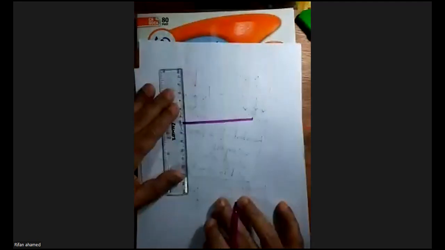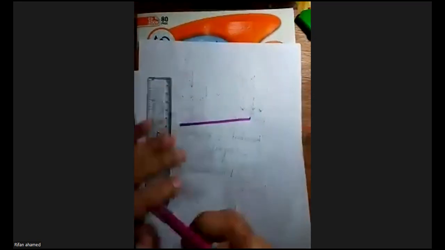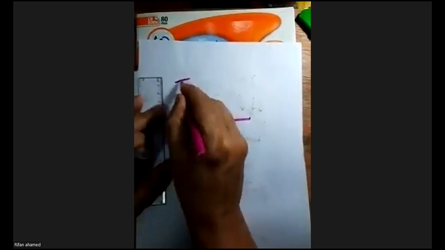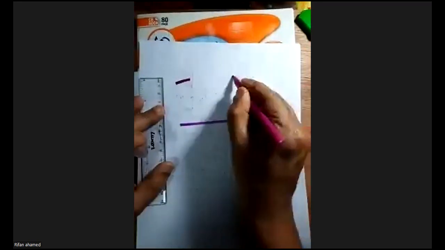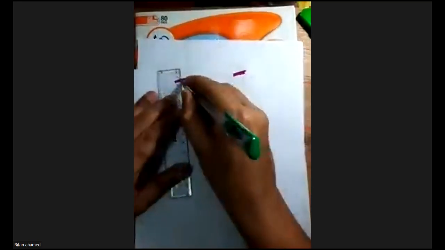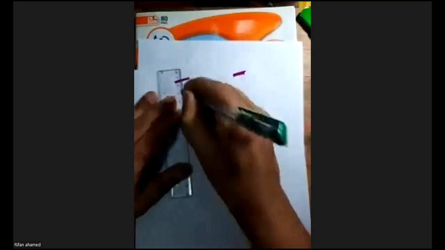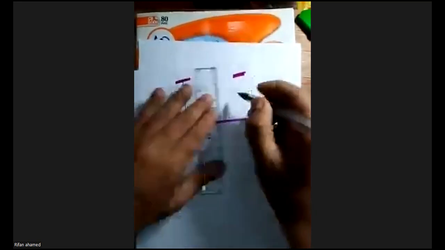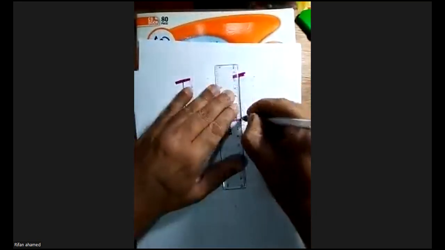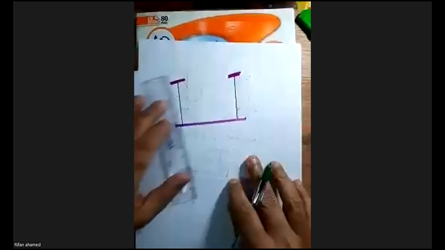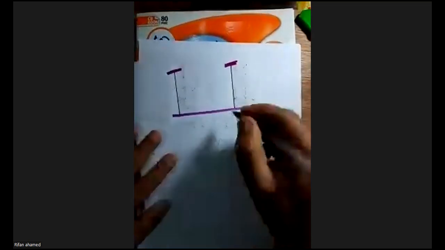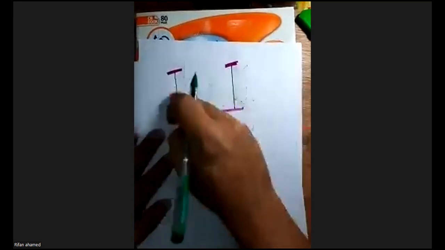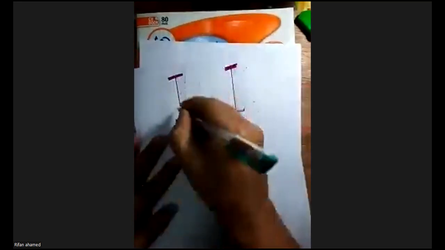So, from the roof, tied in two places, the tube light is hanged in this manner. Here the fluorescent lamp, here the two tying threads are there.